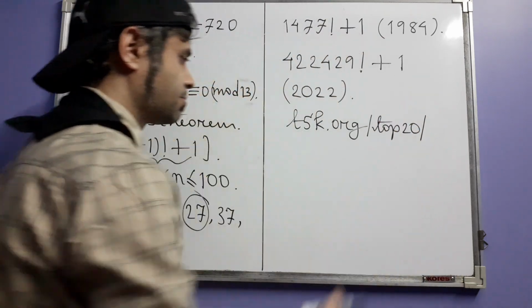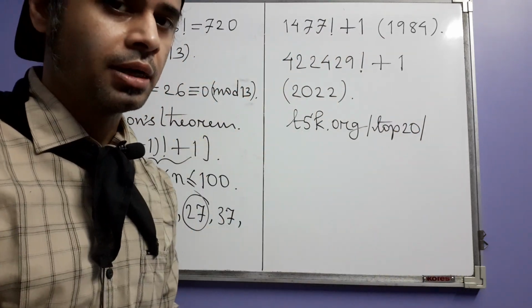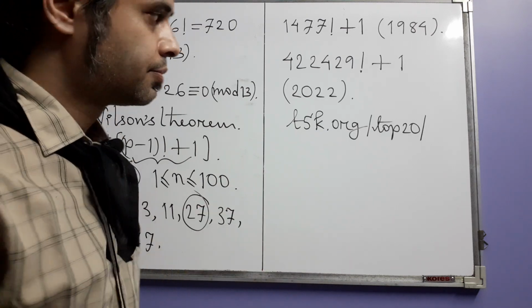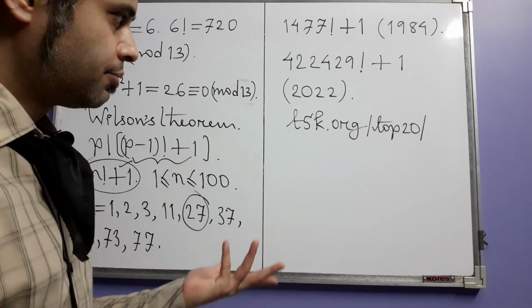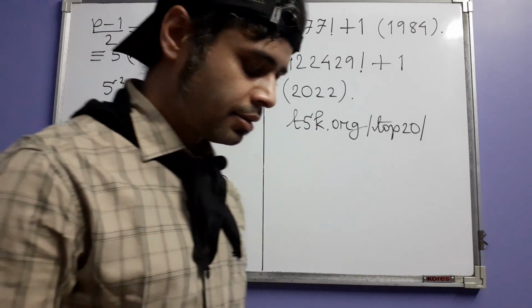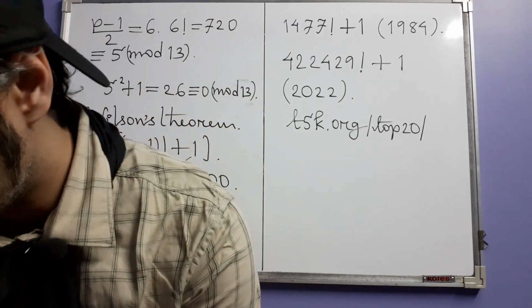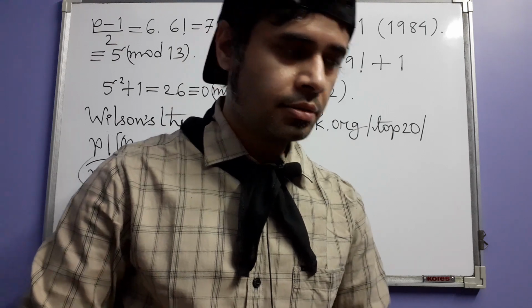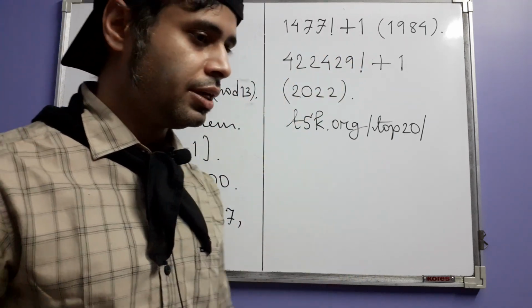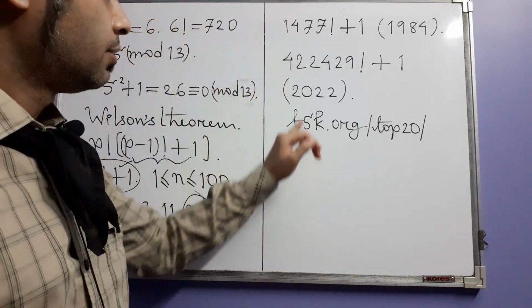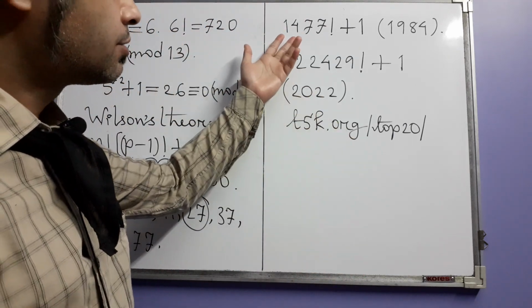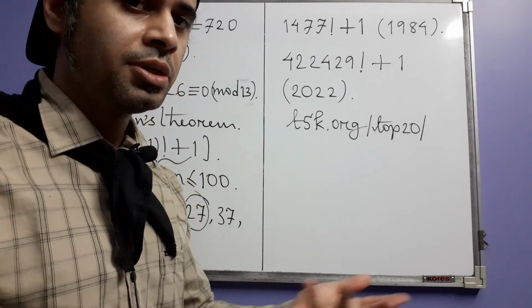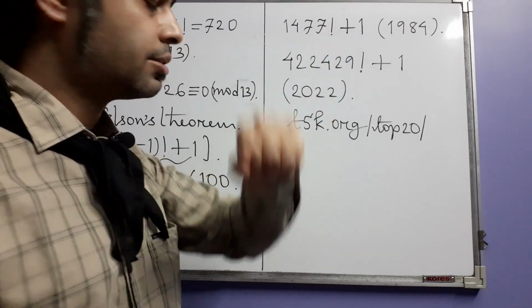There you will see many different types of numbers, and the largest of each type known so far. There are many such websites which give information about different parts of mathematics and help you stay up to date. For example, I just said that this was the largest at the time of writing this book, but it's been so many years, and the current largest is this one.